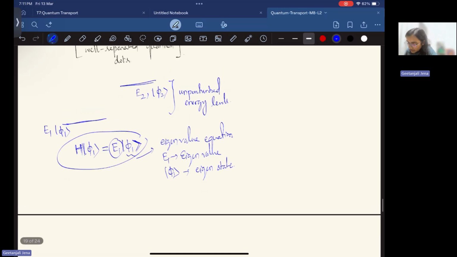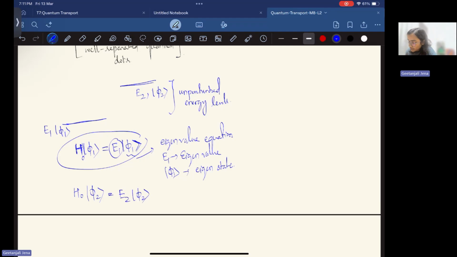Similarly, let's say this H is H0, which is the unperturbed Hamiltonian. Now for the second case, we can write down the same equation. That is, H0 when it acts on phi 2 will give E2 times phi 2.